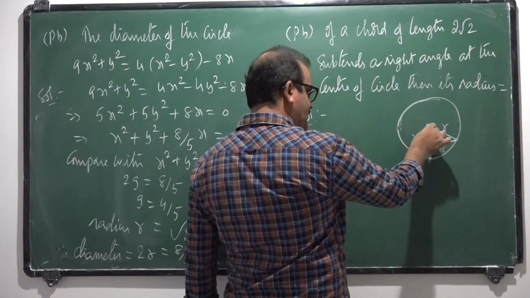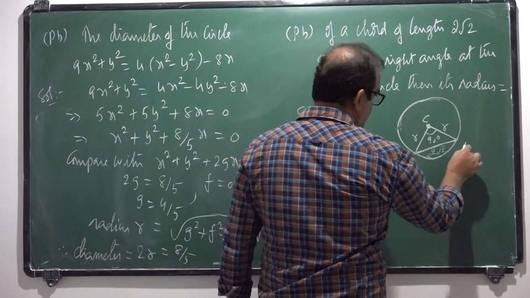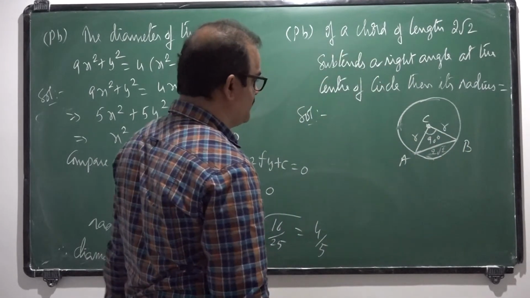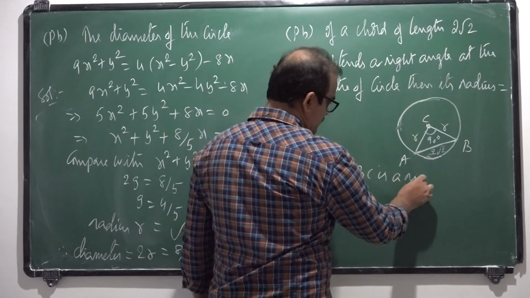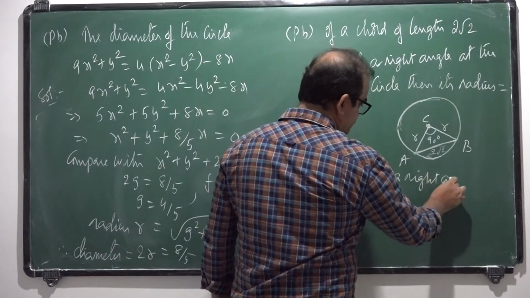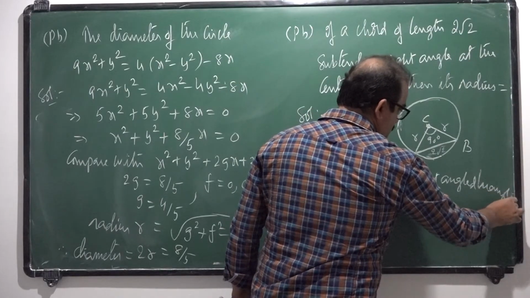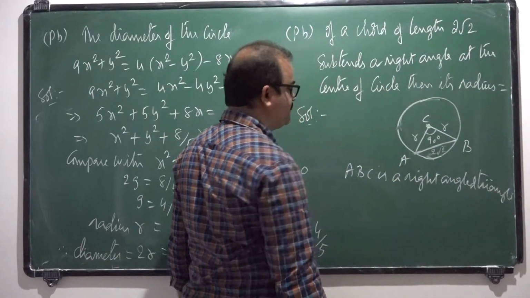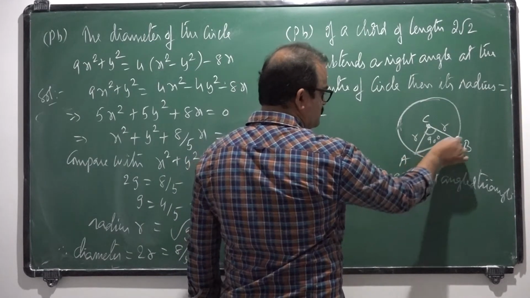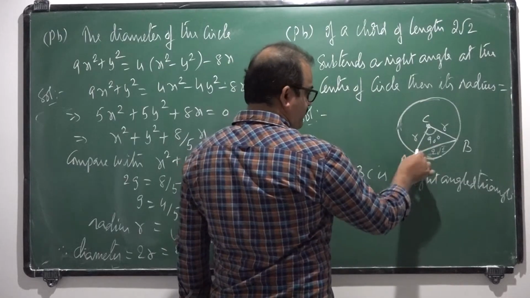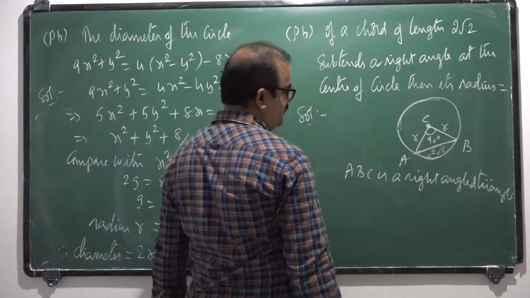If this angle is right angle, then this triangle is a right angle triangle. Then ABC is a right angle triangle, right angle at C. If this angle is 90, then what is the hypotenuse? AB. From Pythagoras theorem, side square plus side square is equal to hypotenuse square.